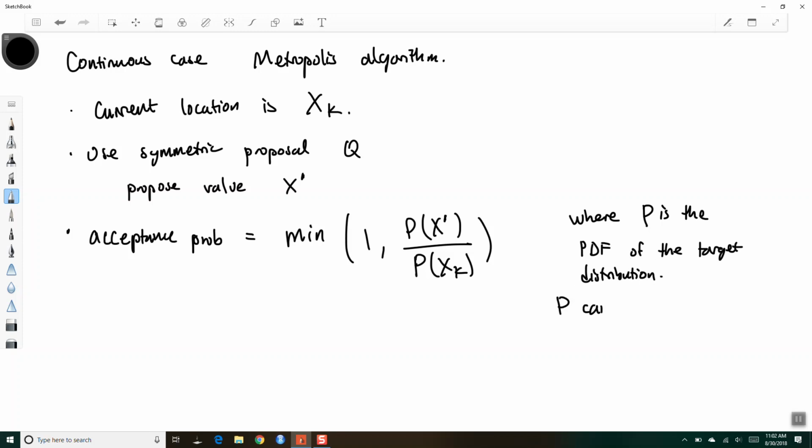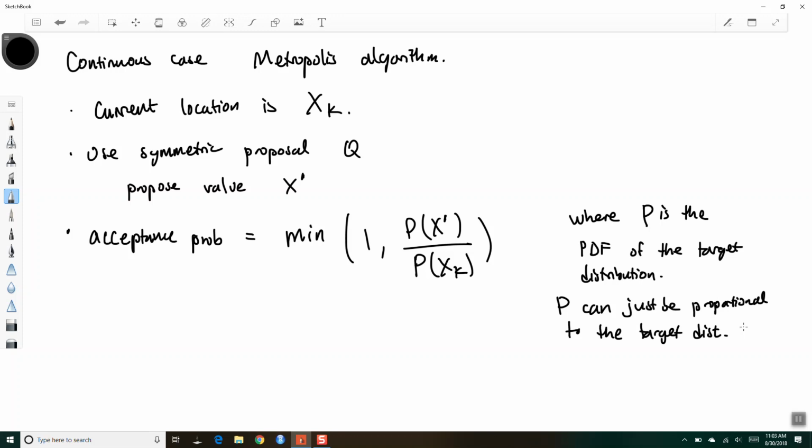P can also just be, I mean, not symmetric, be proportional to the target distribution. So if you have some target distribution, but you don't know the constant c, the normalizing constant to make sure the thing integrates to 1, that's okay.